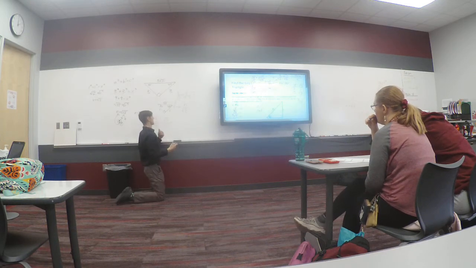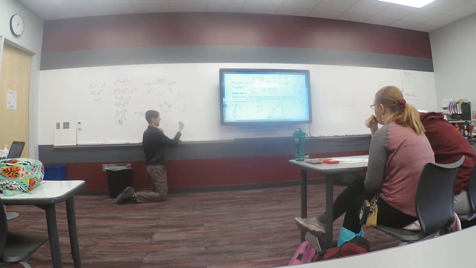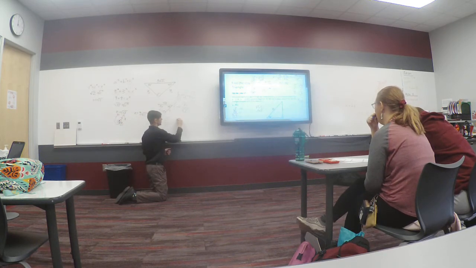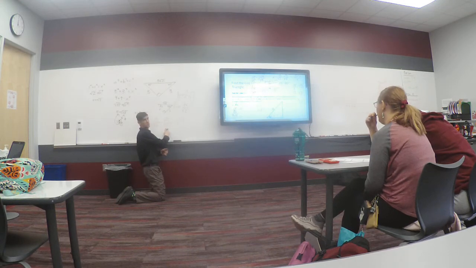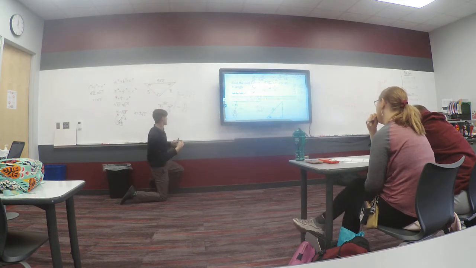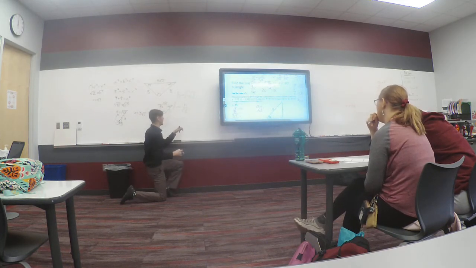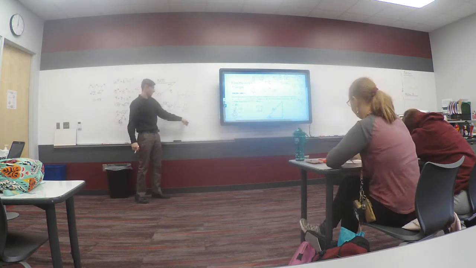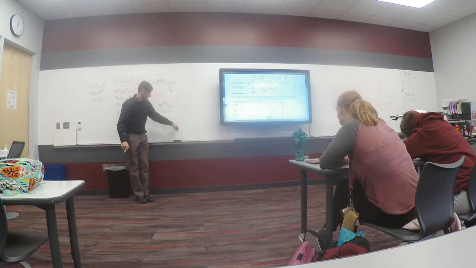So in the end, I have h times radical 2, which is h radical 2. Can't do much about that one. And then what is radical 2 times radical 2? Radical 4. Square root of 4 is 2. So whatever our hypotenuse is, we're going to multiply it by that radical 2 and divide it by 2.